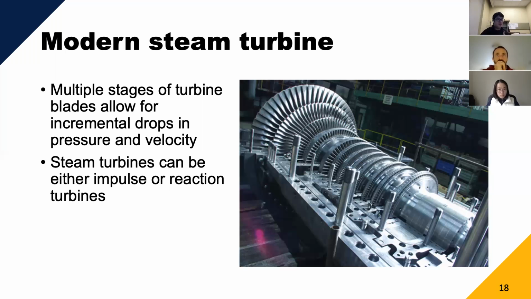At the end of it, you're not really going to be able to capture any more energy. So these things are really carefully designed to extract as much of the energy coming into that turbine as possible, and that's why you have so many stages of these turbine blades.